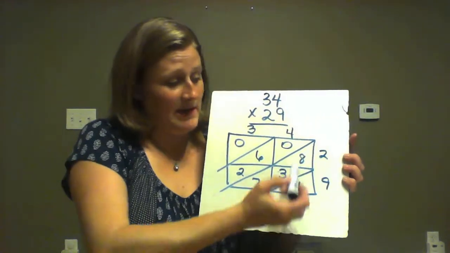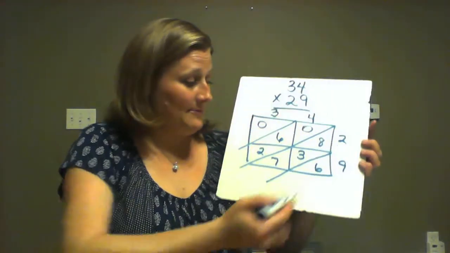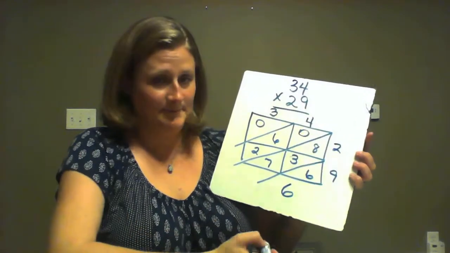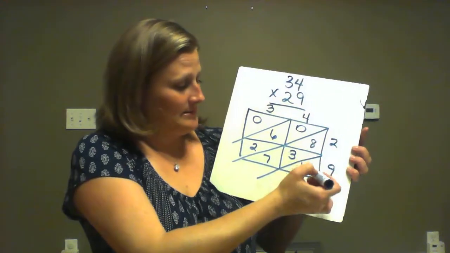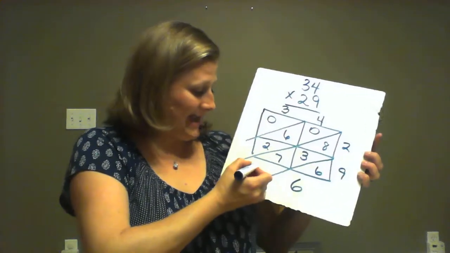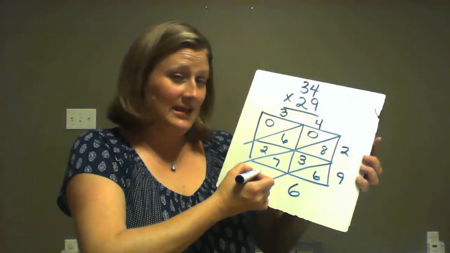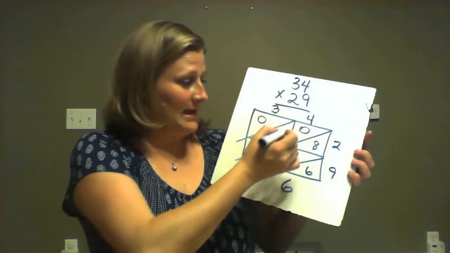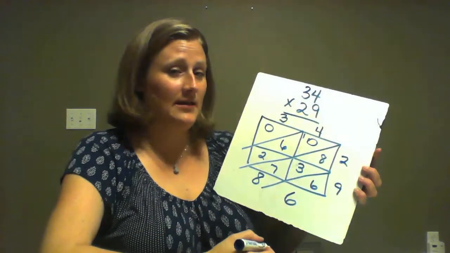Now I'm going to use my diagonal lines to make my addition. 6 plus nothing gives you 6. 8 plus 3 is 11, plus 7 is 18. And just like in any addition problem, I'm going to put my 8, and I'm going to carry the 1, carry that 10.